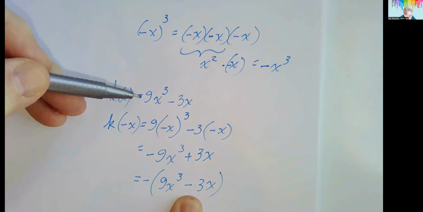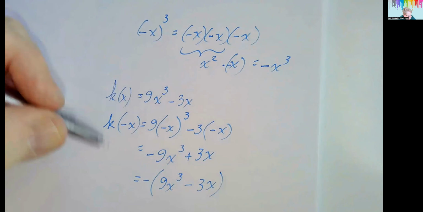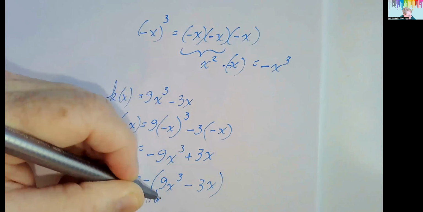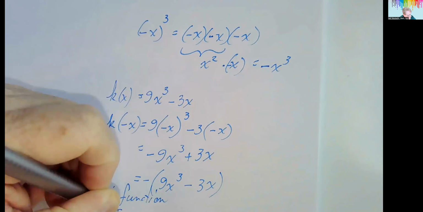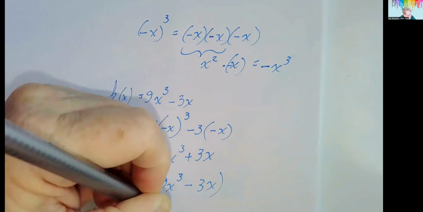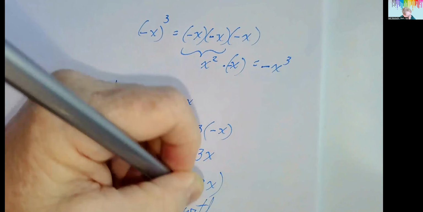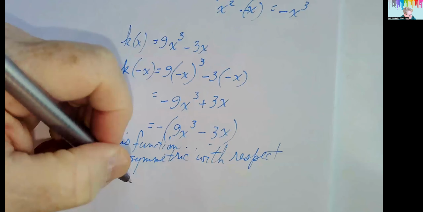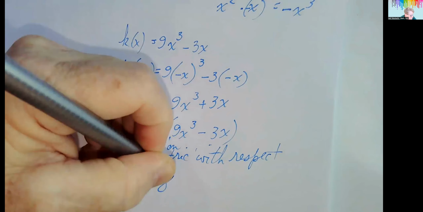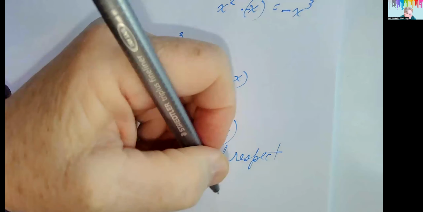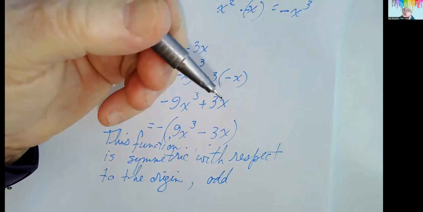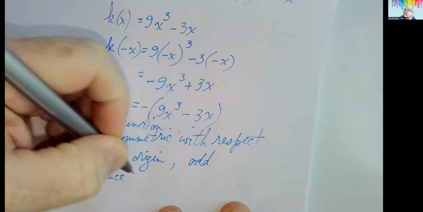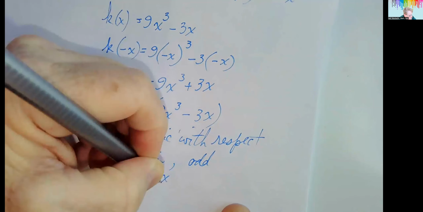So that means that this function is symmetric with respect to the origin. It is odd, which is, these are saying the same thing. And we know that because k of negative x was equal to the opposite of k of x.